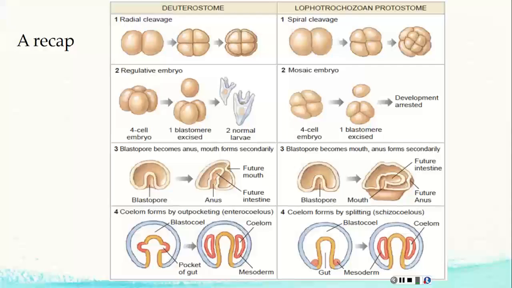We went through the different types of development, the differences between cleavage, the regulative embryological development, what those embryo cells first go on to become, whether they are indeterminate or determinate, and then certainly how the coelom is formed.